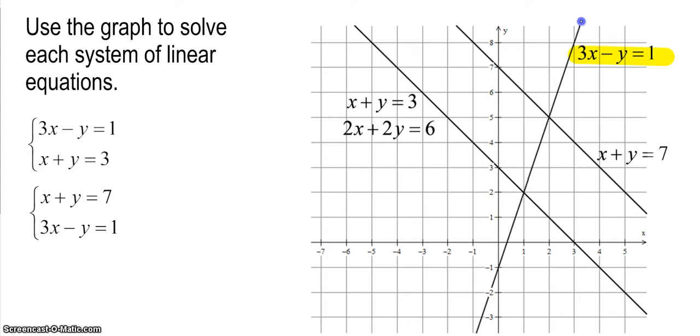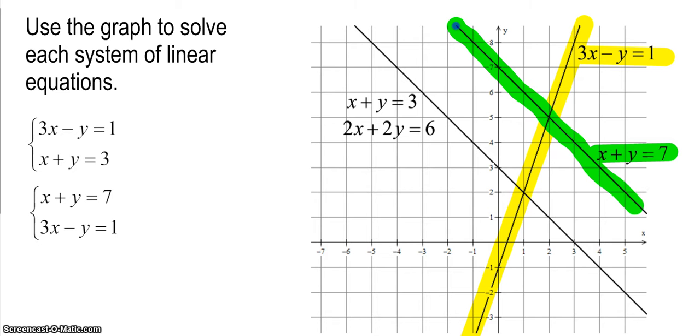And when I create a table and I graph that line, I get this line right here that I highlighted in yellow. I have another equation, x plus y equals 7. And when I create a table and I plot those points, I get this green line.